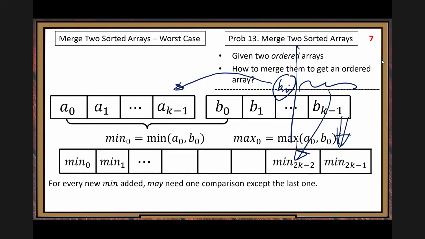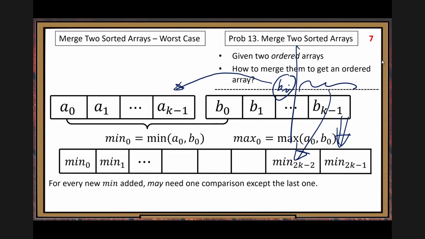Now we need to consider the best case and the worst case. First, the worst case. How many comparisons do we need for the worst case? We need to do comparisons all the way, not the last one, right before the last one.